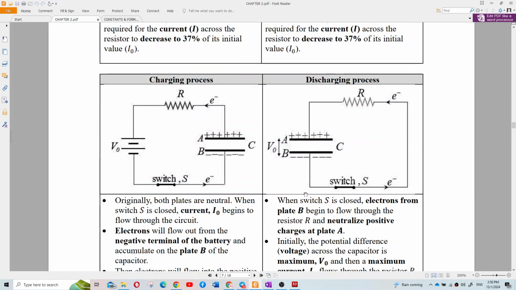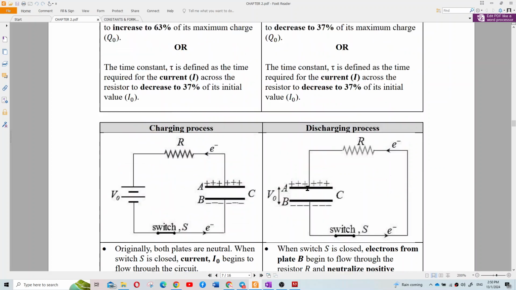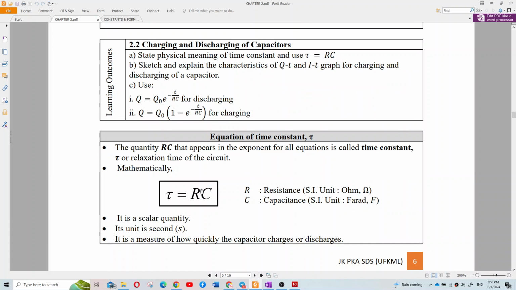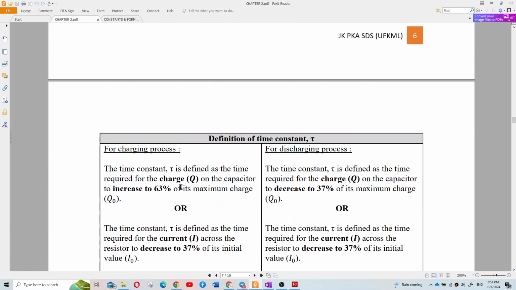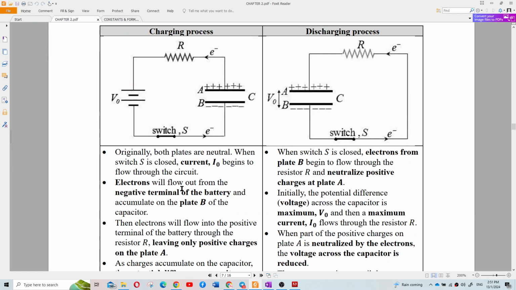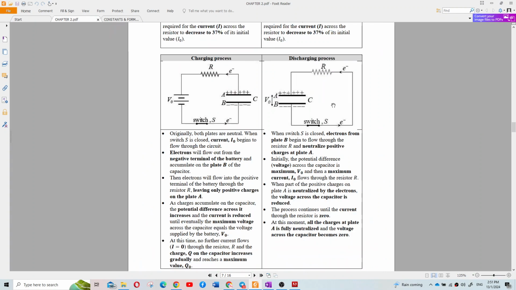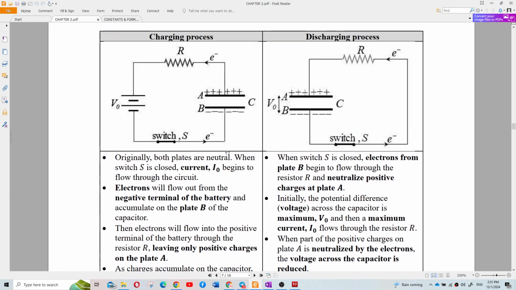First of all, of course, the formula for time constant. But before that, let us look at what is actually happening in the charging and discharging process.